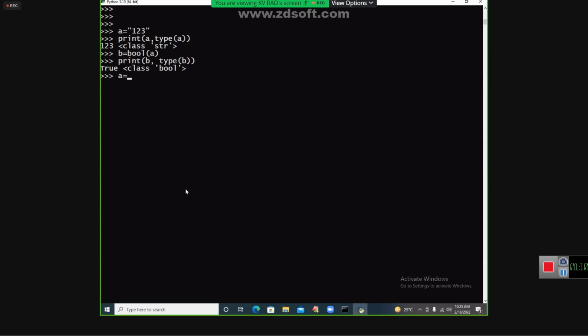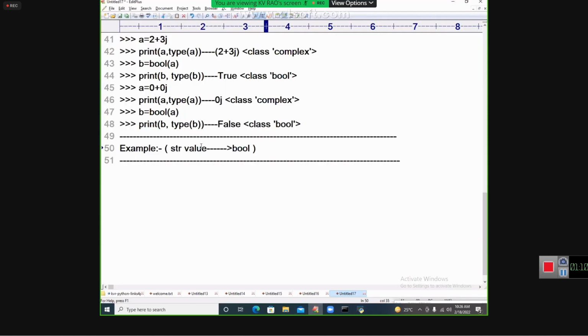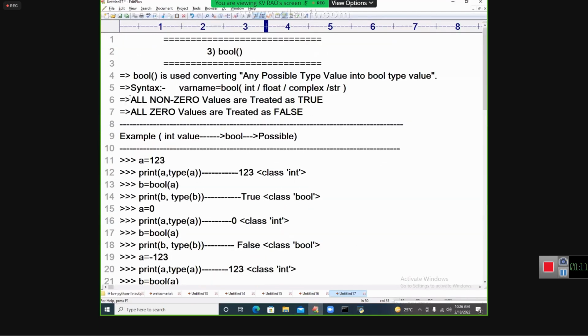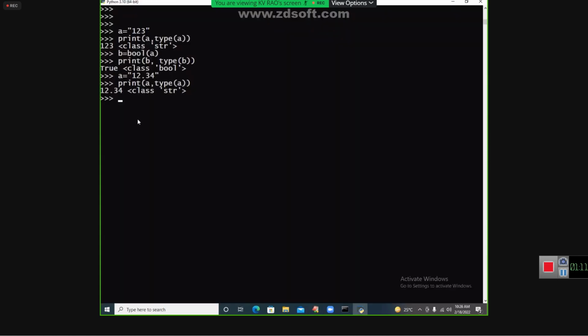Next, A is equal to 12.34. Now convert into bool. Every non-zero value is called true; I told my international formula. What is the value?